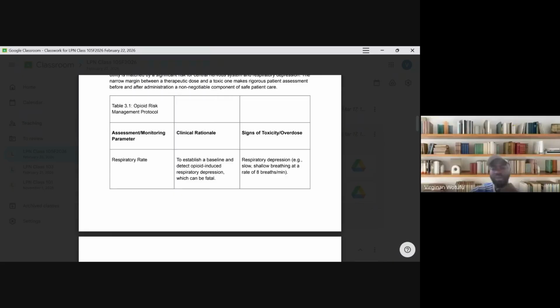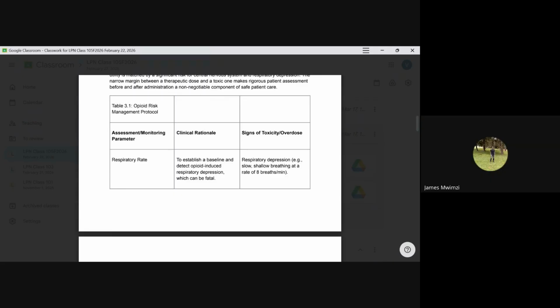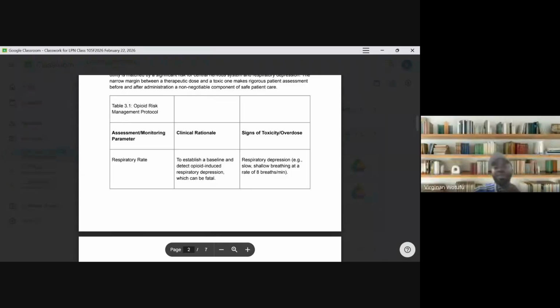I think the respiratory depression is a side effect. Respiratory depression will be a toxic effect because it's potentially harmful, right? It's causing immediate harm. You have a respiratory rate of 8.